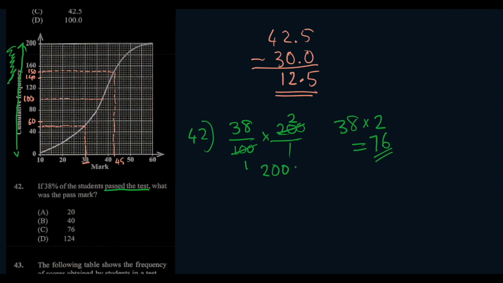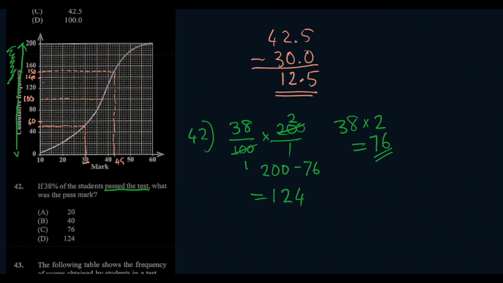So 200 take away 76 is equal to 124. So I need to look for 124. So we have 100, we have 120. If each of these represents 5, 1, 2, 3, 4, 5, we know that each of these lines represent 4. Because 20 divided by 5 is 4. So this is 120, 124, 128, 132, 136, 140.